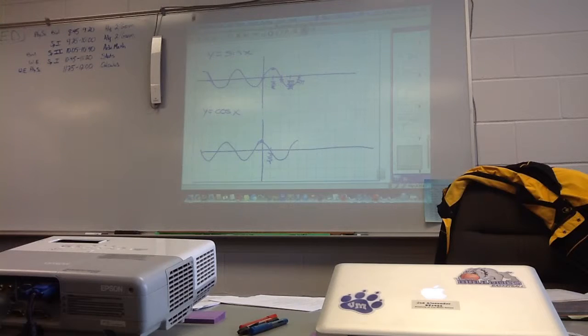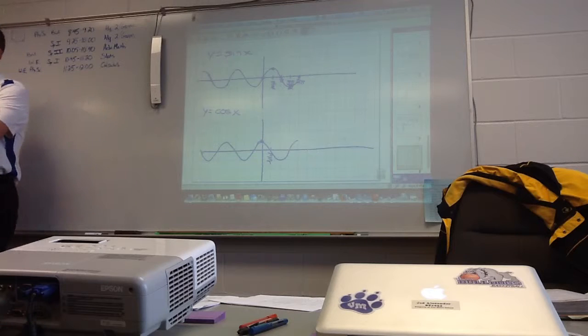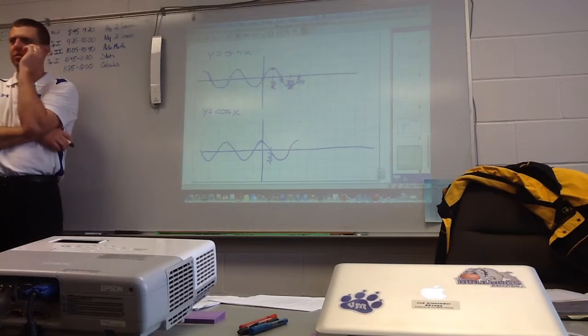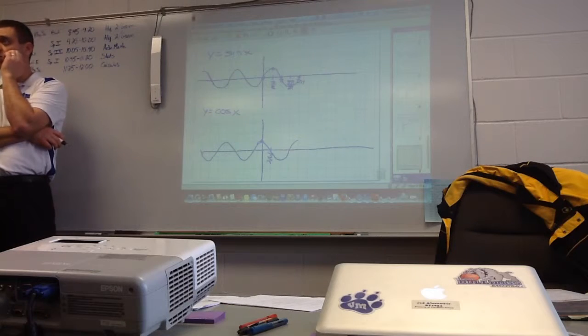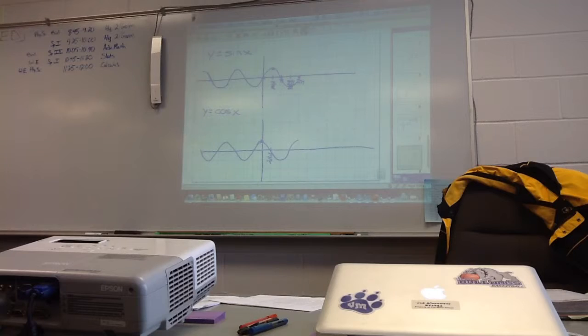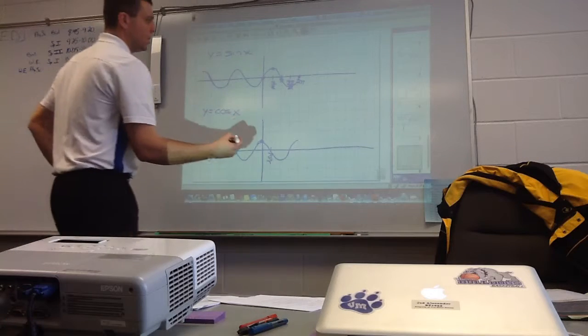Domains and ranges. What numbers can you plug in for x? Negative infinity to positive infinity. You can plug in any number you want for x. But my y values go from negative 1 to 1, with brackets, because it hits negative 1 and hits positive 1 and everything in between.